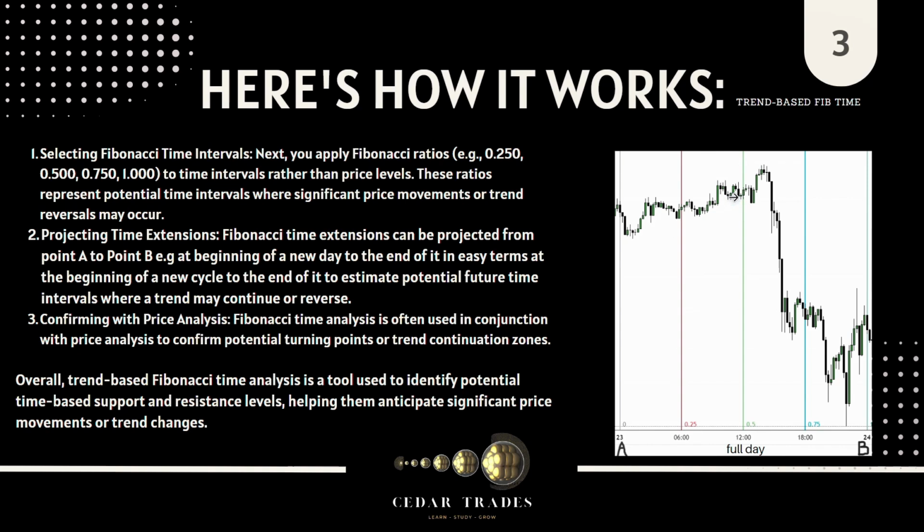If you want to find one full minute, you start at 0, then it goes to 15 seconds, then 30 seconds, then 45 seconds, then one full minute. Now we have chopped a one-minute candle into four quarters. So this can be applied to candles as well.